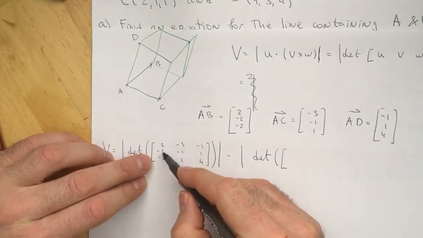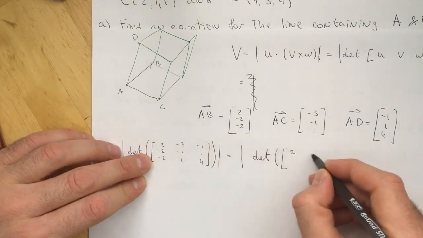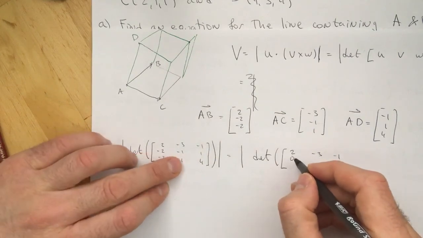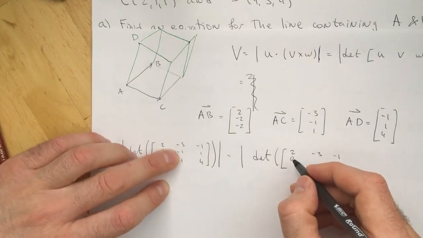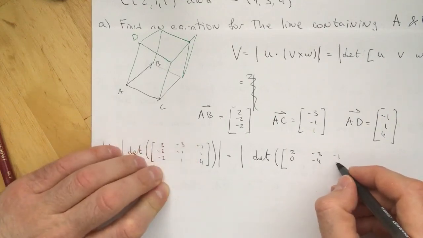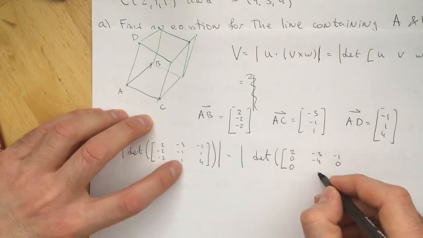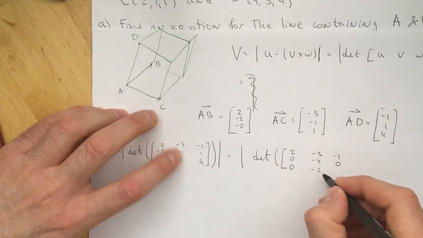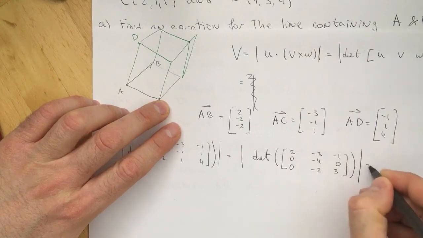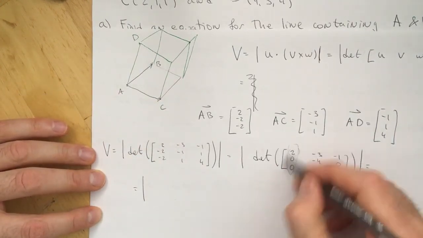I add the second and the first row, and the third and the first row. So the first row is 2, negative 2, negative 2. Negative 3 plus 2 is negative 1, negative 1 plus negative 2 is negative 3... and the rows become 2, negative 2, negative 2, then negative 4, 0, 0, then negative 2, 3, with a zero, and now I can do a cofactor expansion along the first column here.